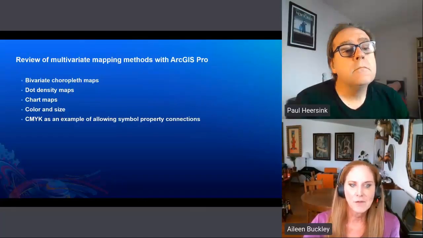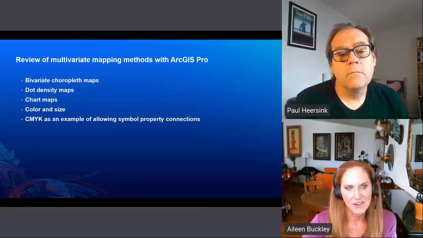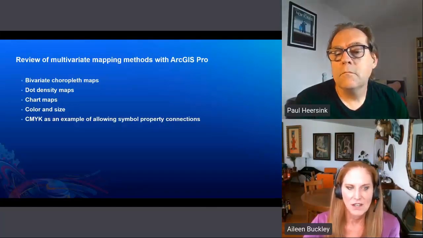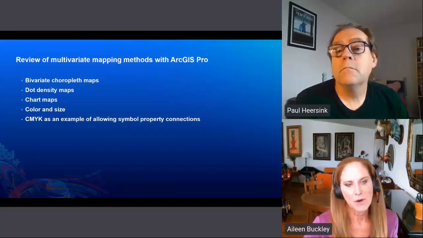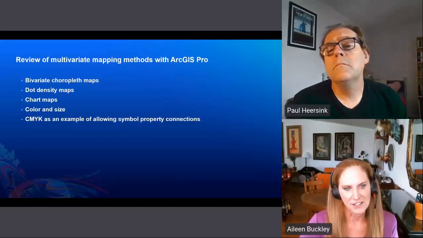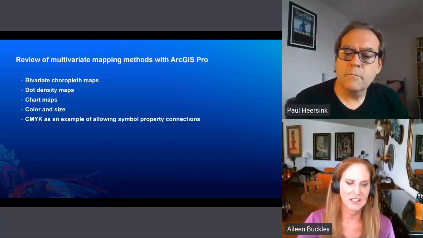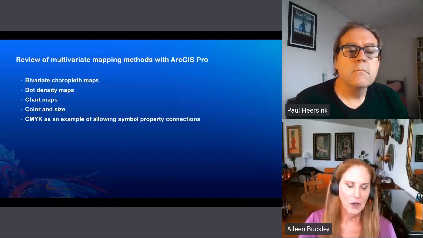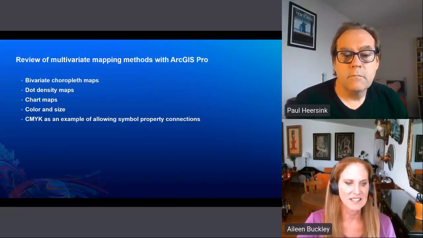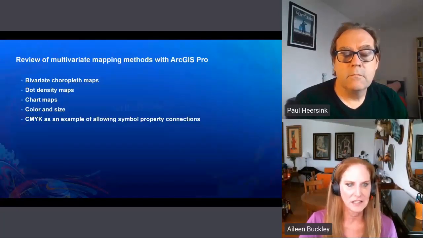We looked at a variety of ways to use color and size together, in part by using the option to vary symbology by attributes. And we used the allow symbol property connections to change the color features using an Arcade expression. Finally, we just briefly introduced you to the new data engineering tools that were released in ArcGIS Pro 2.8.